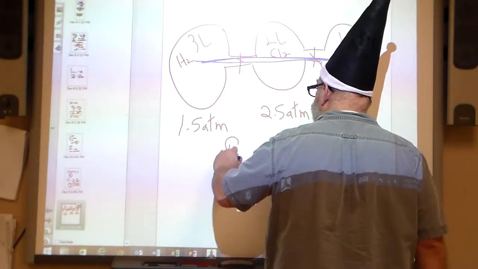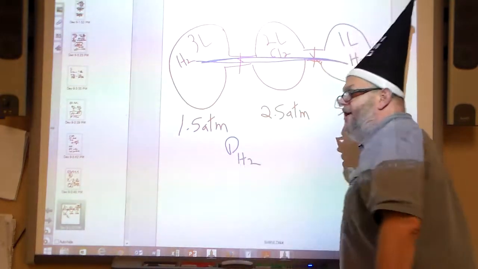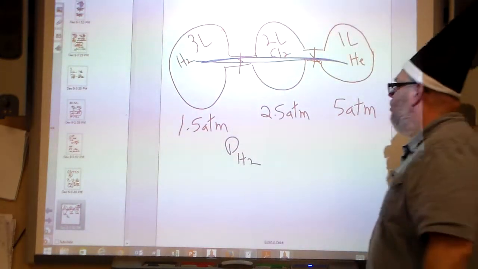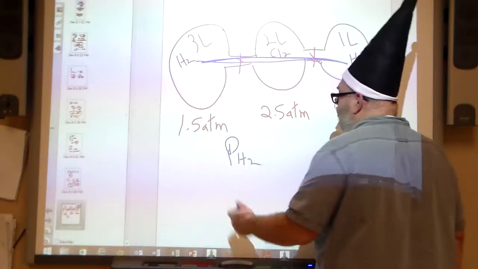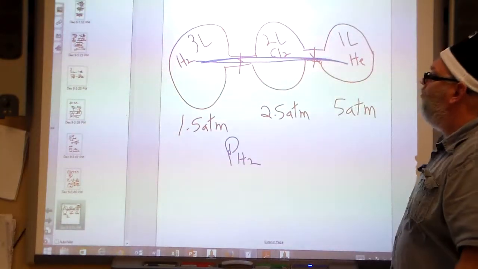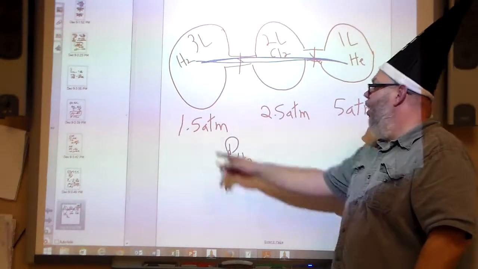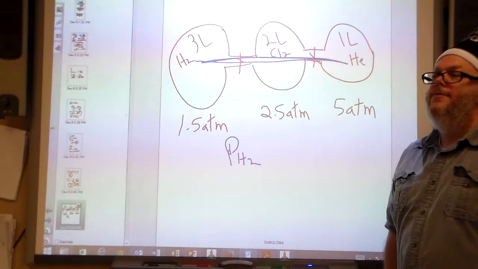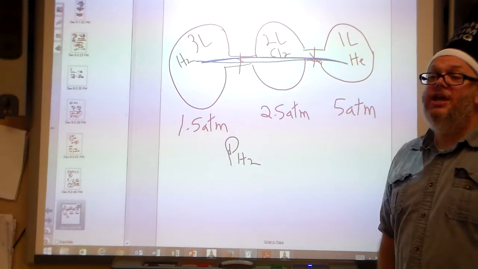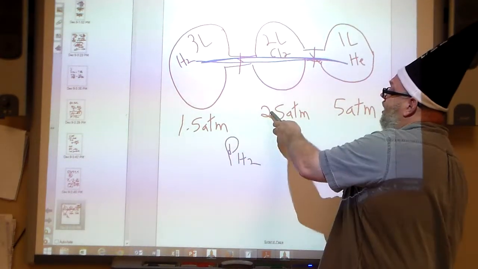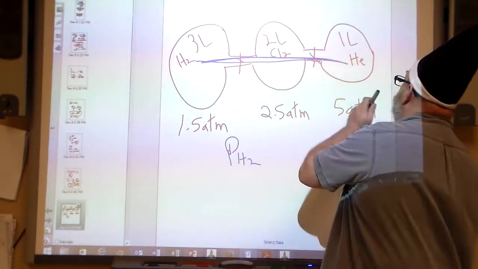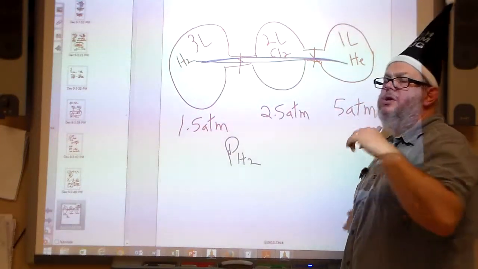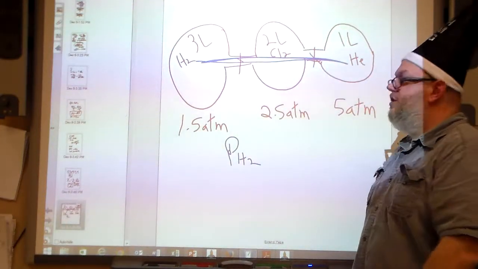What's going to be the partial pressure of the hydrogen gas? Well, the partial pressure of the hydrogen gas is going to be 1.5 atmosphere. That doesn't change. The partial pressure of the Cl2 is 2.5. The partial pressure of the helium is going to be 5 atmosphere as well.